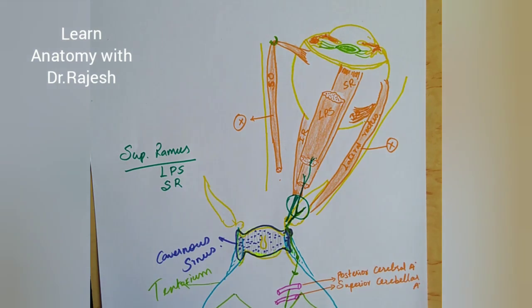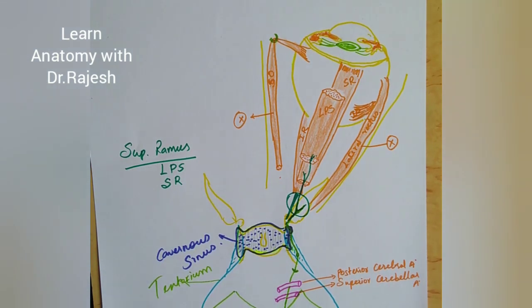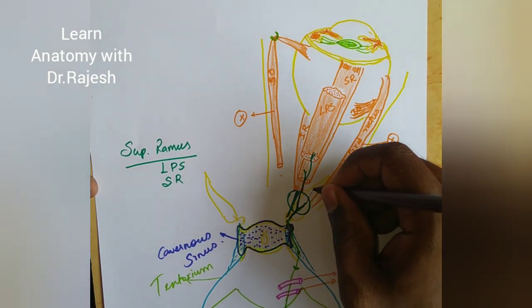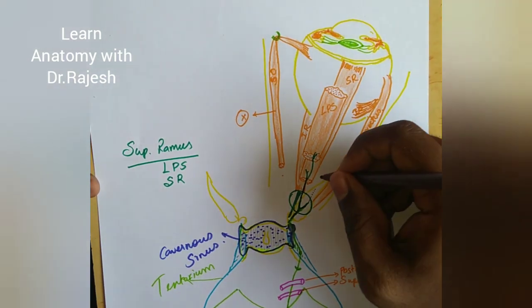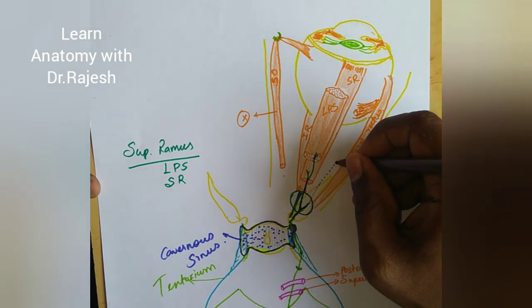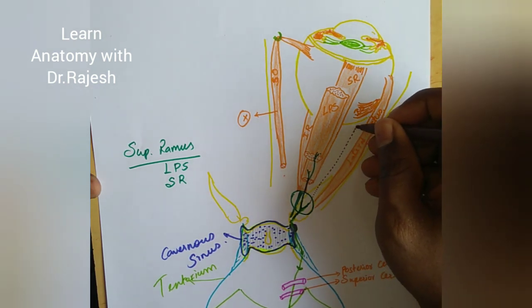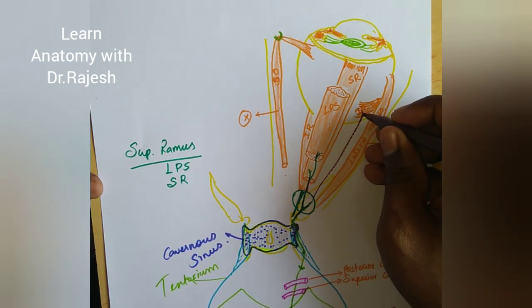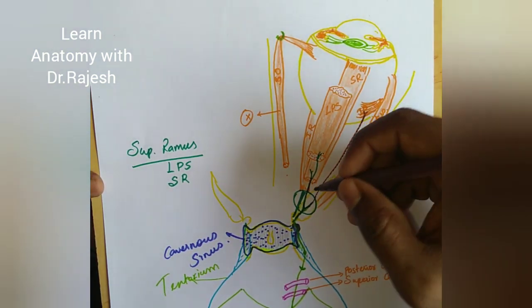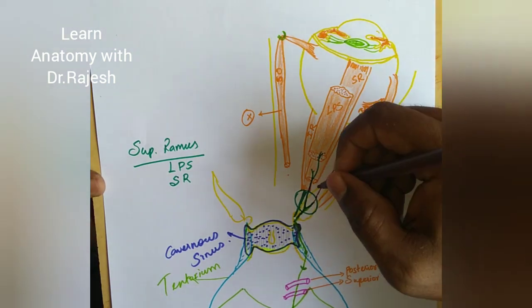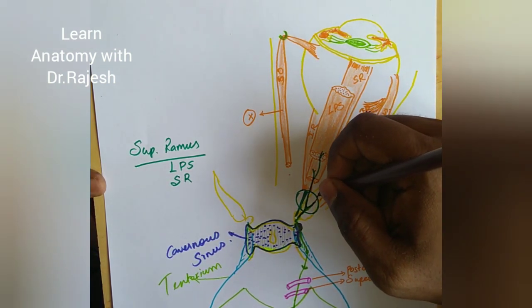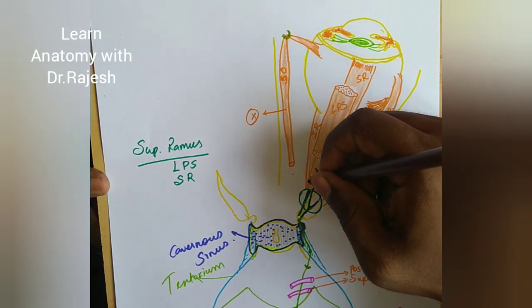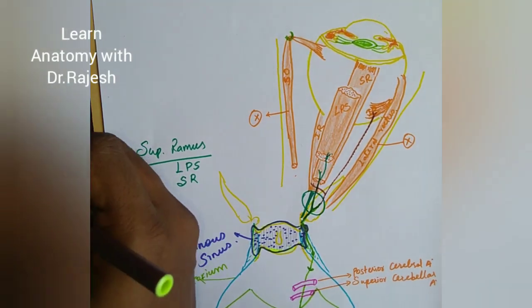Next, coming to the inferior ramus, we will represent it using brown color. The inferior ramus will give a branch to the inferior oblique, then it gives a branch to the inferior rectus and the medial rectus.